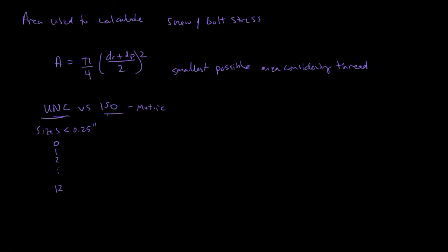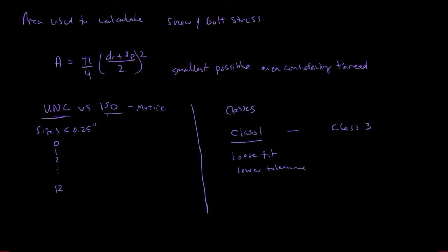One more thing to mention is the concept of classes. Okay, so you have different classes of bolts. Basically you have class 1 through class 3. Class 1 is a lower class, so they're loose fit, lower tolerances, and they're cheaper.